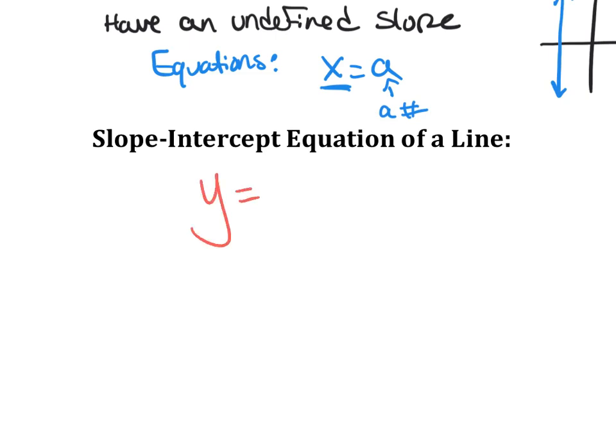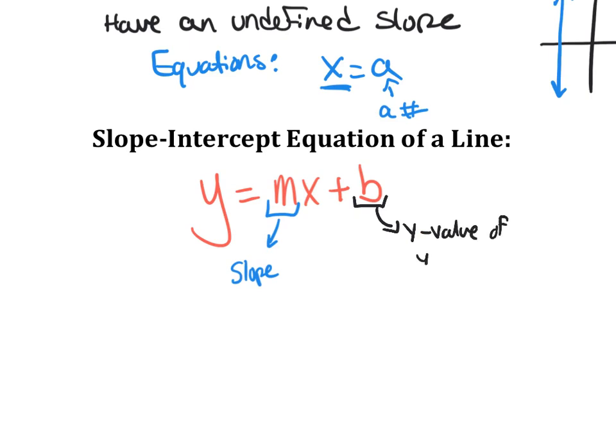That general form is y equals mx plus b, where m is your slope, b is the y value of the y-intercept, because the y-intercept always has an x value of 0, so it's always that point (0, b), and that b value is the y-intercept. And then the y and the x are just a point on the line.